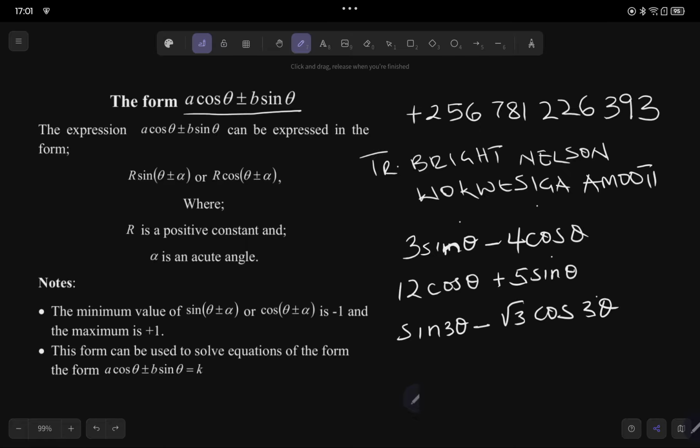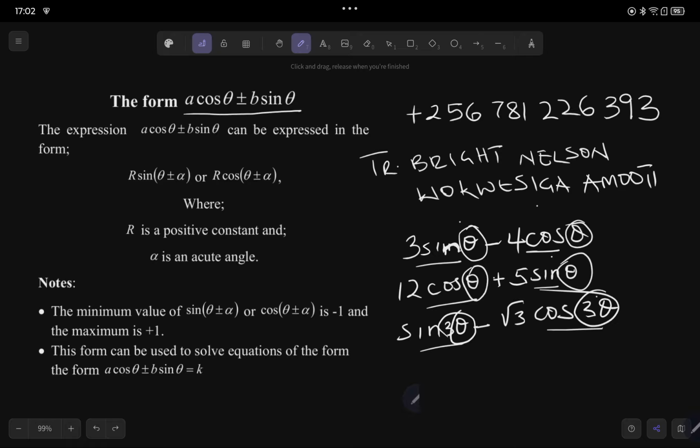What is key is that we should only have sine and cos in our expression, no tan, no sec, no cot, no cosec. Secondly, the angles must be the same in the expression. If it is theta, it is theta. If it is 3 theta, it is 3 theta.